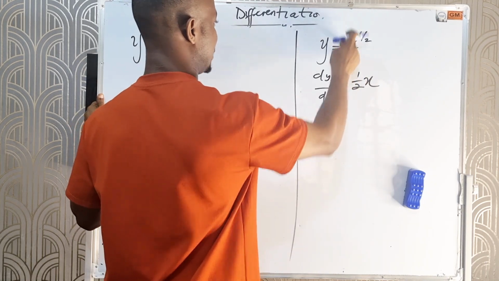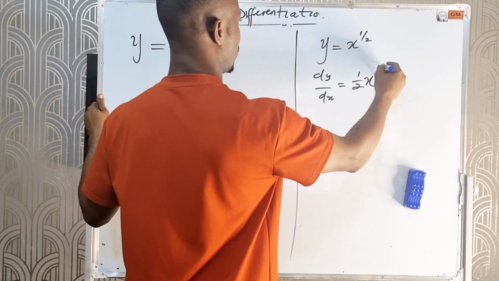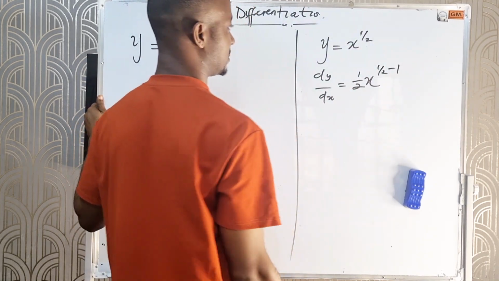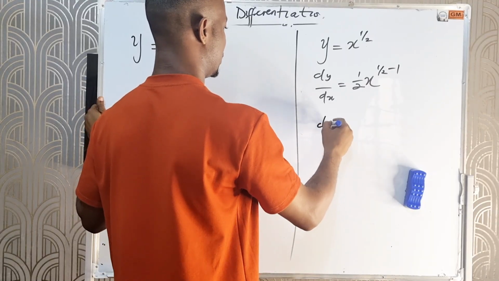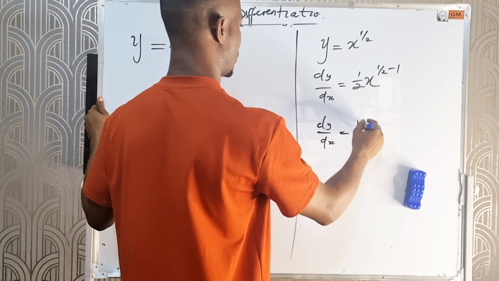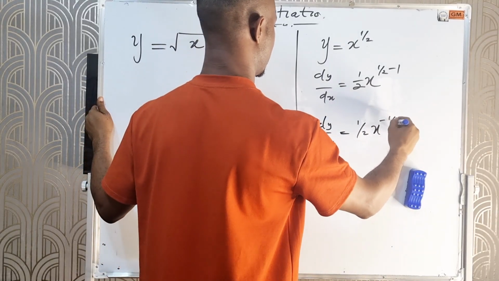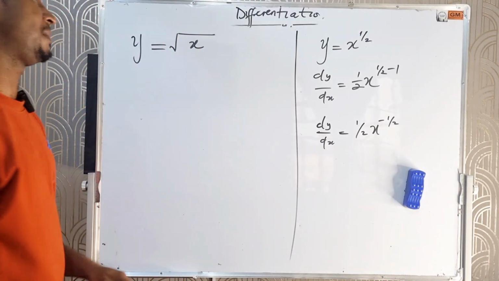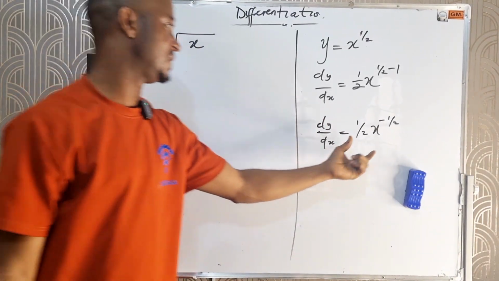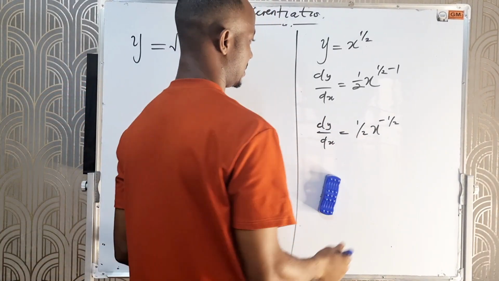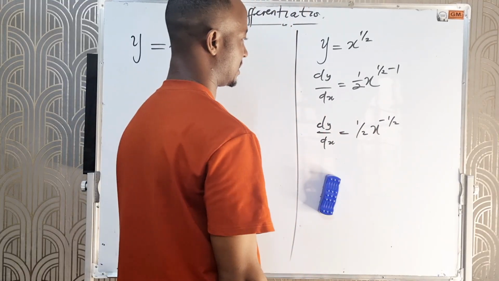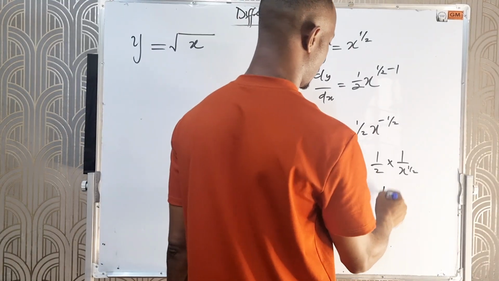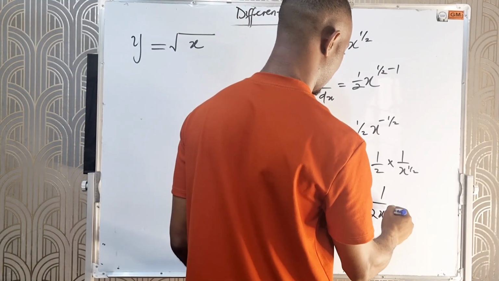Half times x to the power of half minus 1. This will give us dy/dx equals half x to the power of minus half. So by the use of the power rule, this should be our final answer, which is the same as 1 over 2x to the power of half.